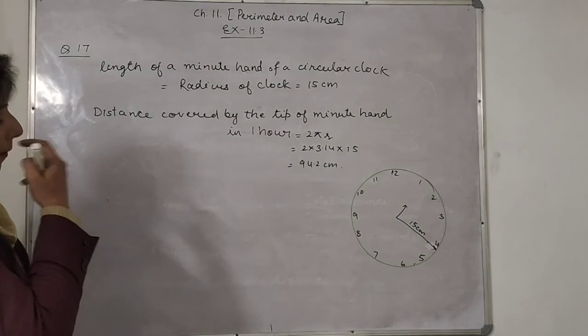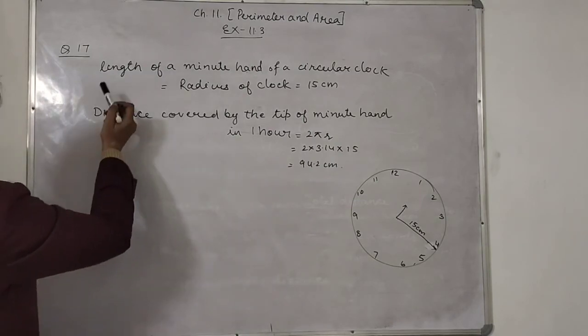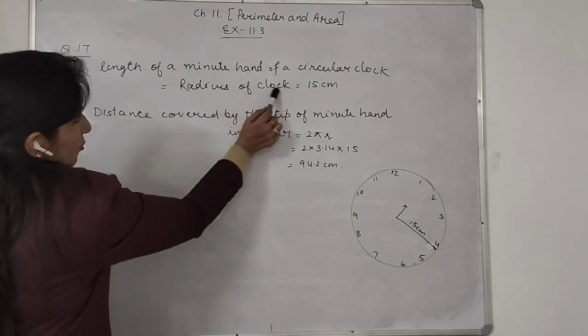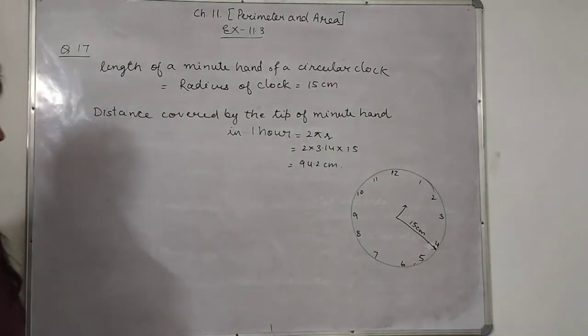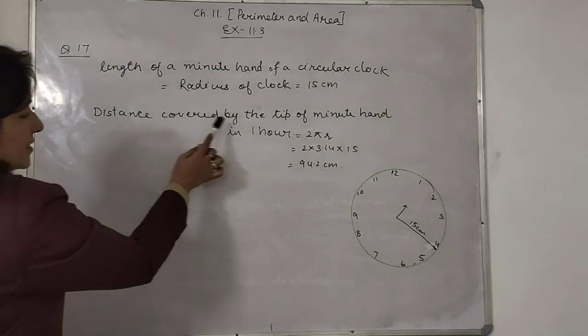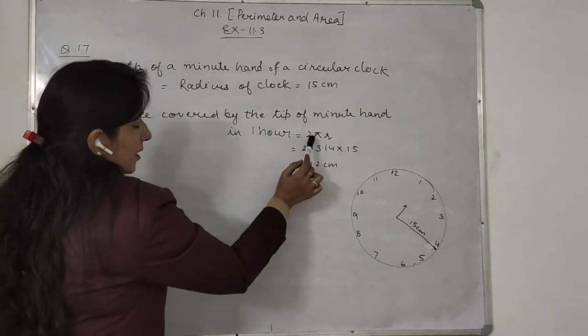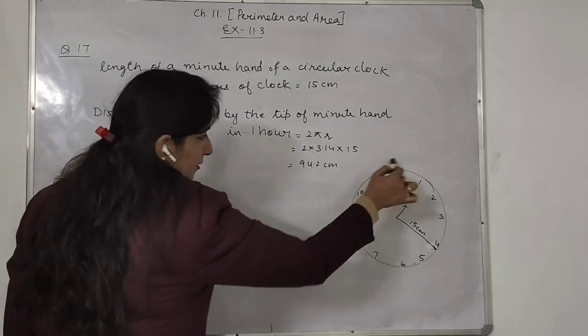So the distance we need to calculate. The length of the minute hand which is given to us will be equal to the radius of the clock, that is 15 centimeters. The distance covered by the tip of the minute hand in 1 hour is equal to 2 pi r, because it is covering the circumference.